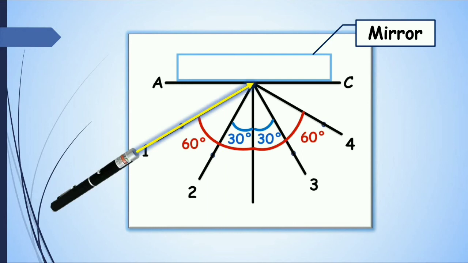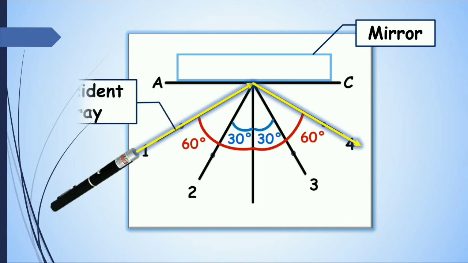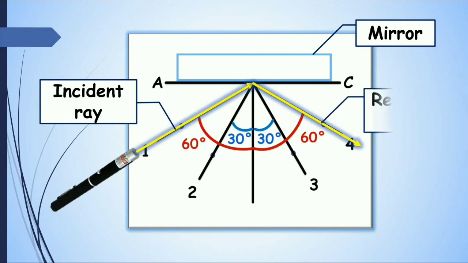Then you find that the reflected ray goes through line 4. The light ray coming from the laser onto the mirror is called the incident ray, and the ray that bounces back from the mirror is called the reflected ray.